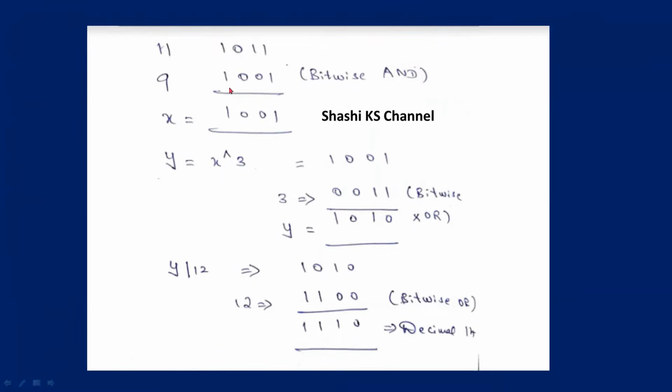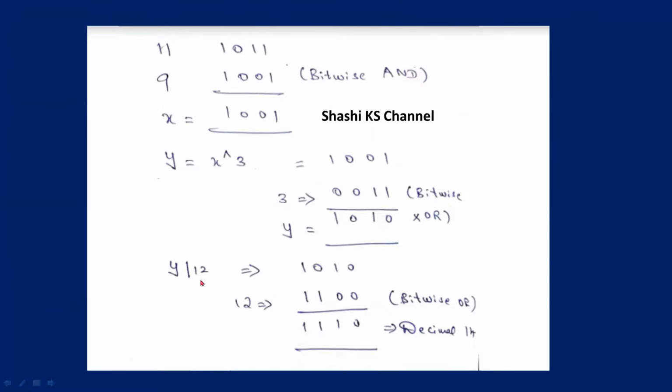In the case of exclusive OR operation, if both the bits are of opposite type, the result is going to be 1. If they are of the same type, the result is going to be 0. So 1 with 1 would be 0, 0 with 0 would be 0, and if they are of opposite type, then it's going to be 1. So the result is 1 0 1 0 here.